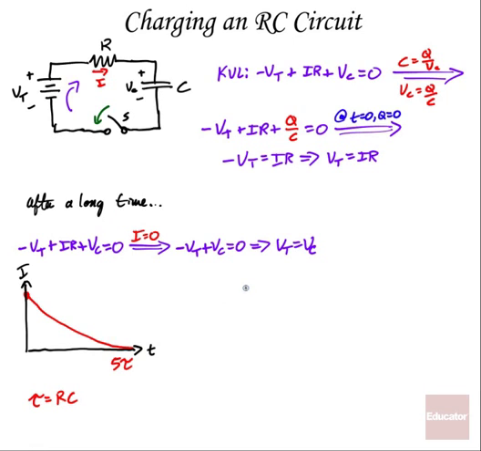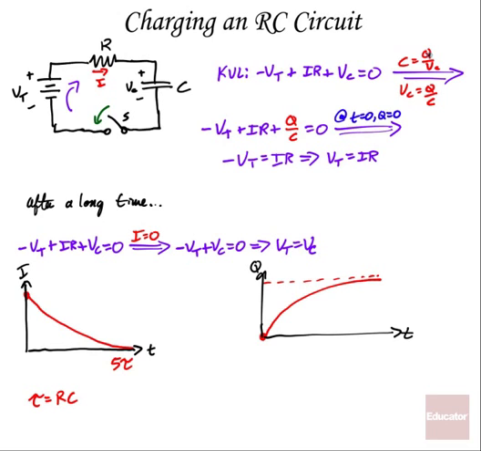How about charge on our capacitor? If we look at charge versus time, initially we have no charge on our capacitor. And after a long time, it's completely charged up, so we're going to have that go something like that. After a long time, what's the charge on our capacitor?